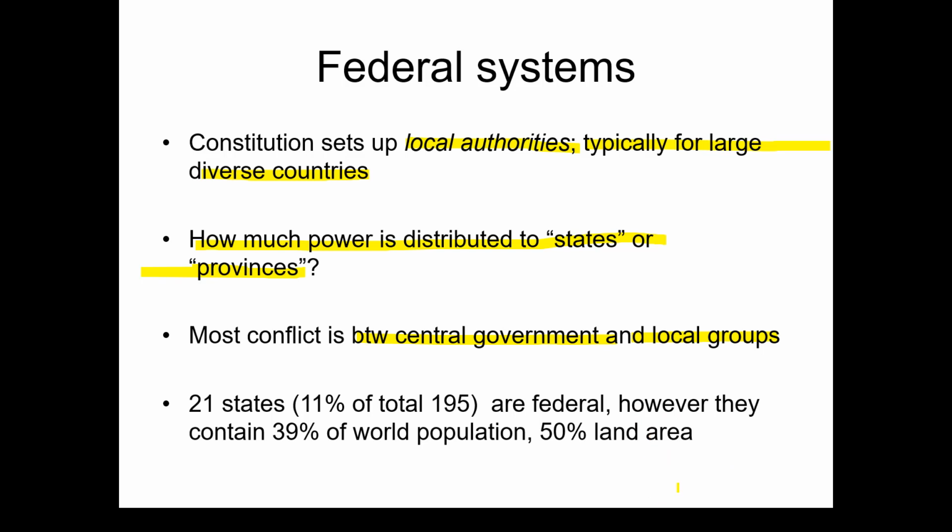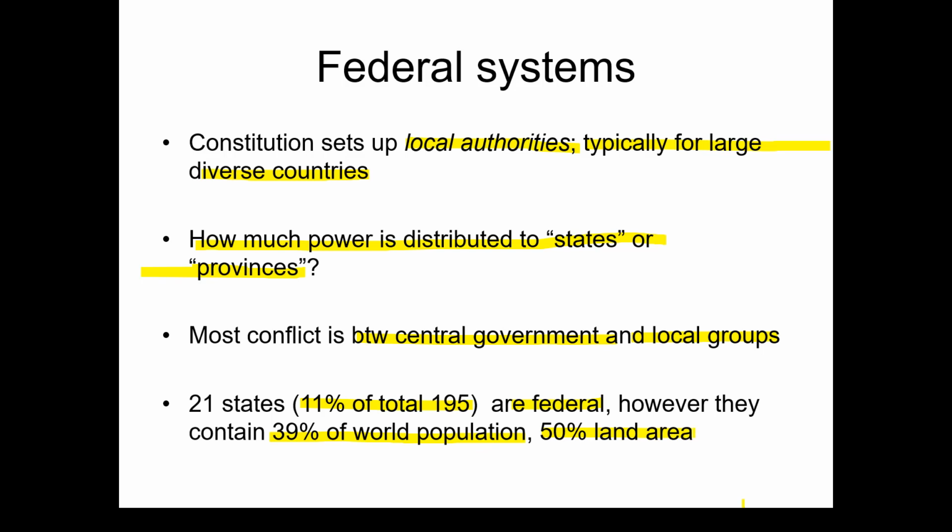Twenty-one states, and I want to say states here, I'm talking about countries, right? So 21 countries in the world, which is about 11% of the total countries in the world, are federal systems. Now, that may not sound like a lot, but that's comprised of some of the biggest states in the world. So that is 39% of the world's population and 50% of the world's land area.